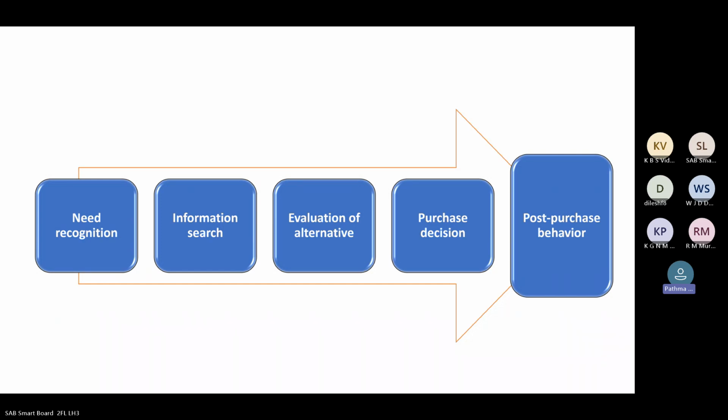And the brand I will be checking, whether I'm going to buy from Arianti or Mimosa or Absolute Basic, local brands, or am I going for an international brand? Based on that, I will be evaluating my alternatives.